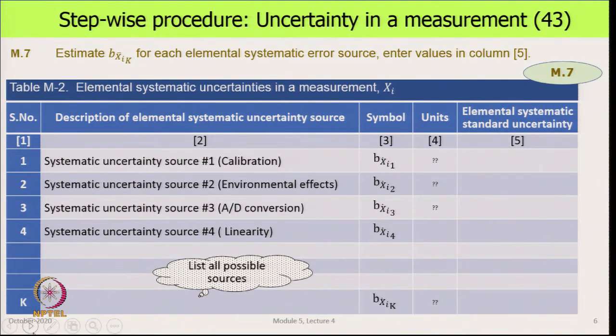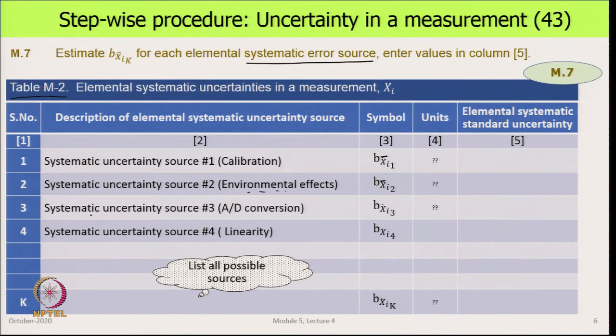Next, we do the same thing for all the elemental sources of error for the systematic errors. Similar table, this is Table M2. We have the same thing: serial number, description of systematic standard uncertainty source, symbol, units and the value of the elemental systematic standard uncertainty. So, we could say that systematic standard uncertainty comes from calibration. This will be B_xi bar 1, the first source. The second source could be, say, environmental effect, B_xi bar 2.